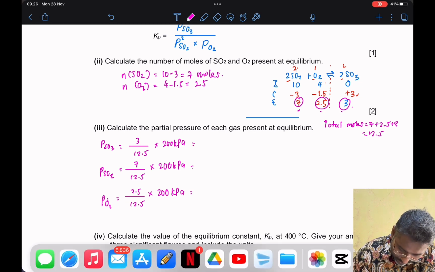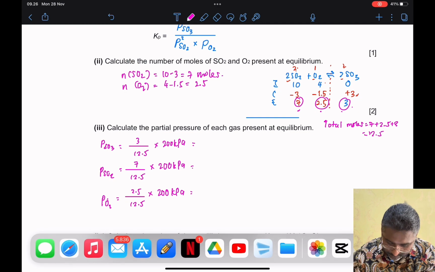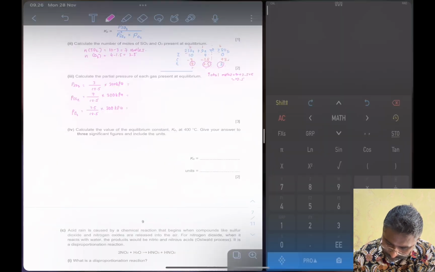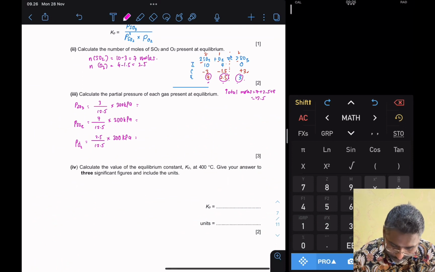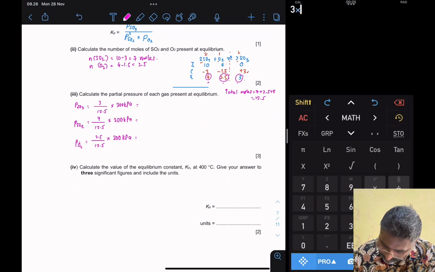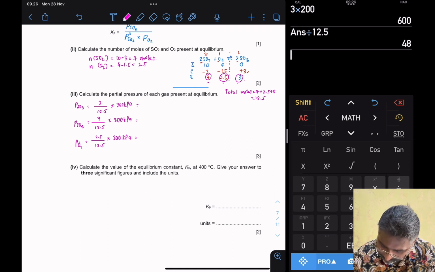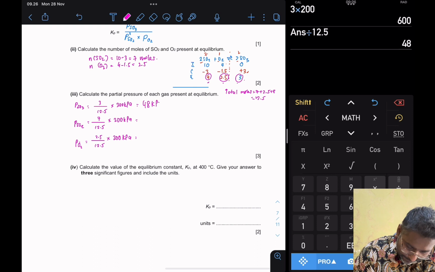And then you just need to find out what this is. So now I'll calculate quickly for you. 3 times 200, and then divide by 12.5. The answer is going to be 48 kilopascal.